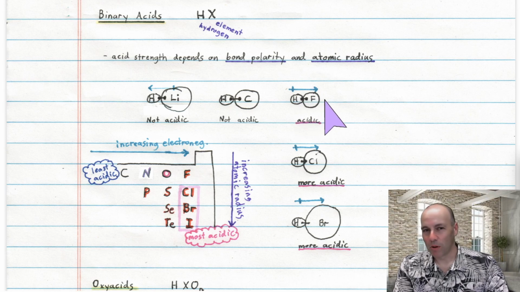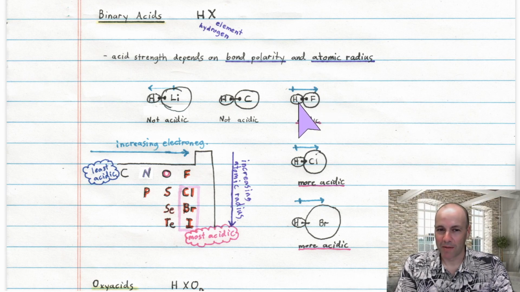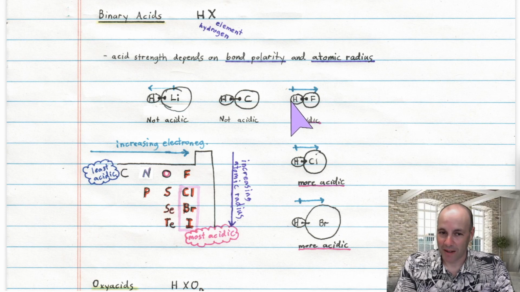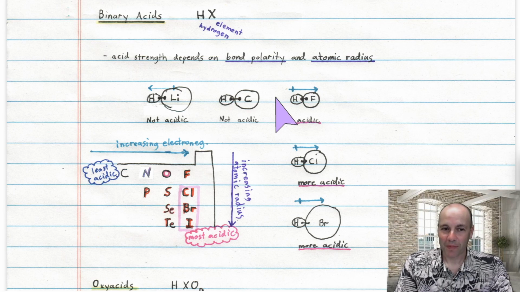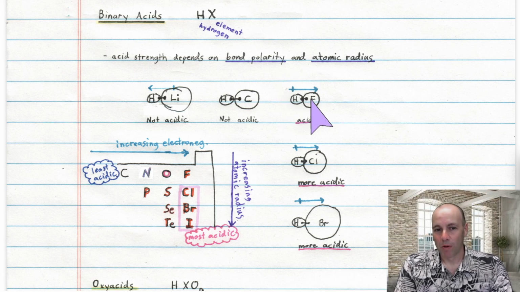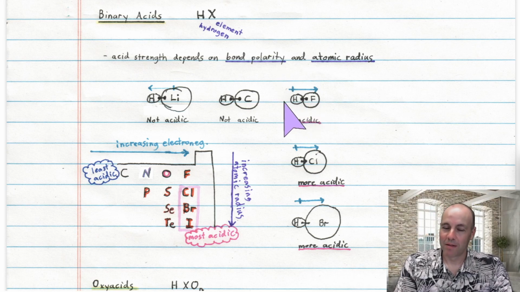It's really pulling the electrons towards itself. And it's like hydrogen doesn't really have any electrons, and it's almost detached as a proton already, so it's easy for it to detach as a positive proton. So bond polarity affects the acidity in such a way. So the more polar the bond, the easier hydrogen can detach.